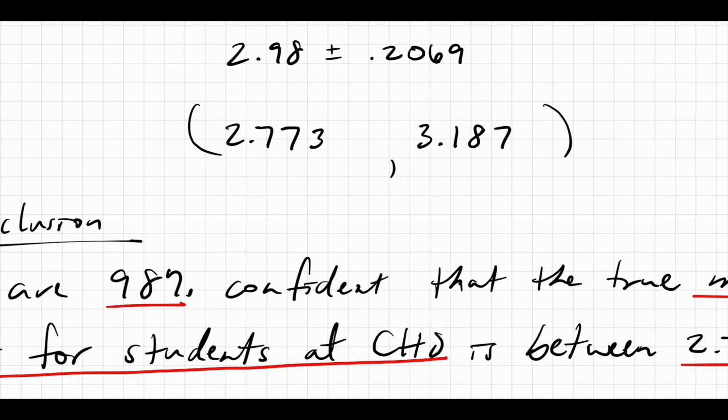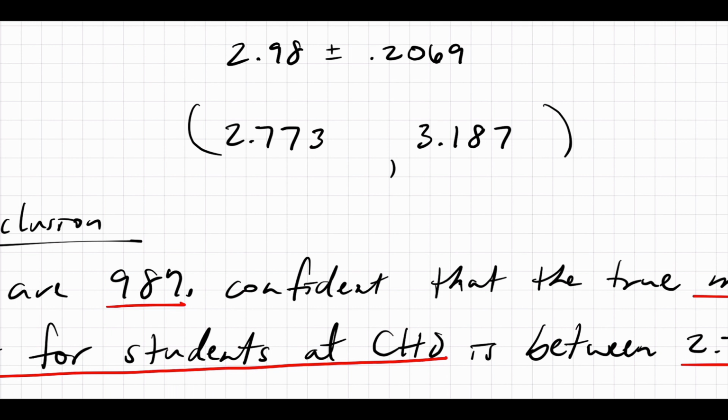I'm not 100% confident. And that's still a pretty big gap, from a C plus to a B minus. That's close, but there's still some leeway. So that's why we never say you're right.